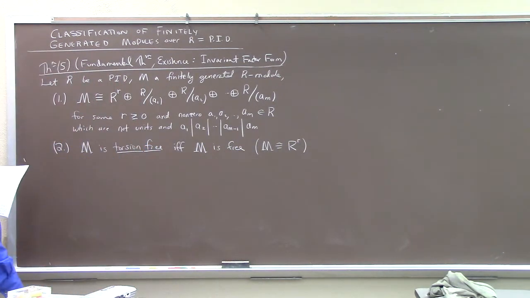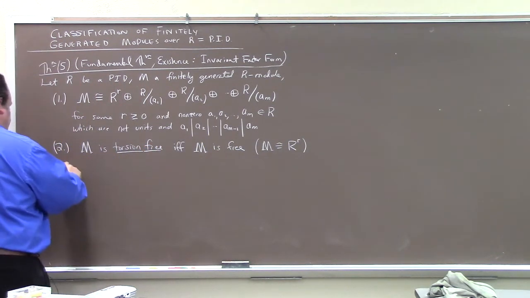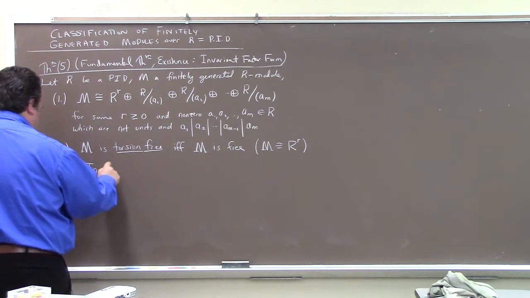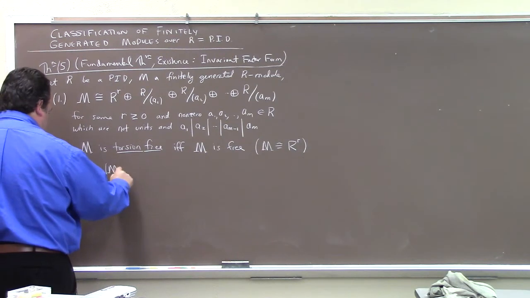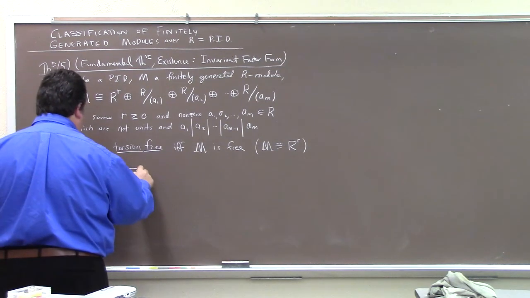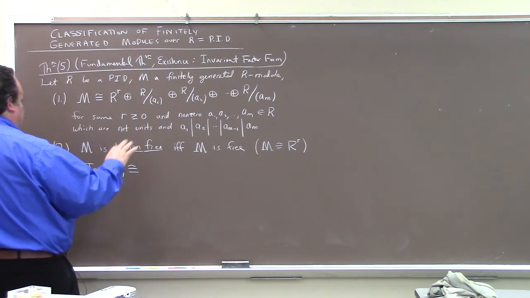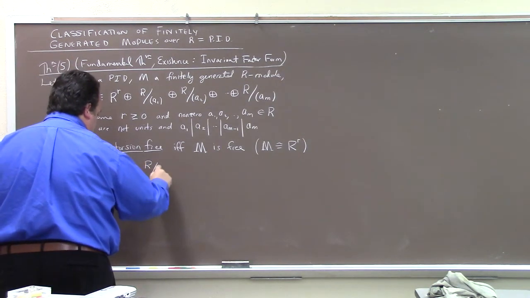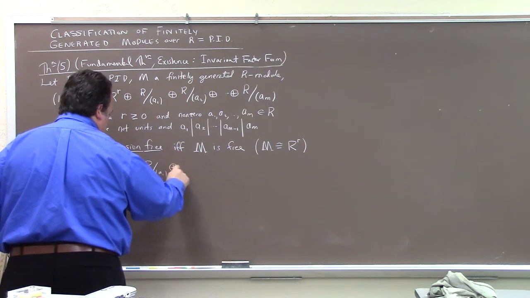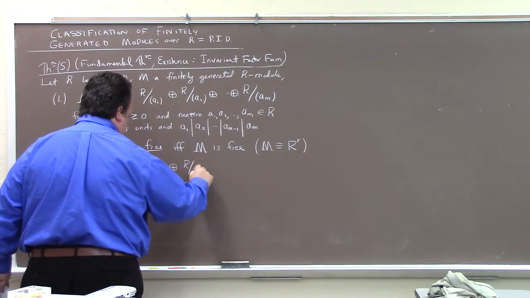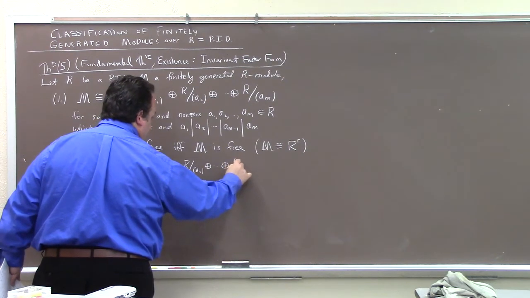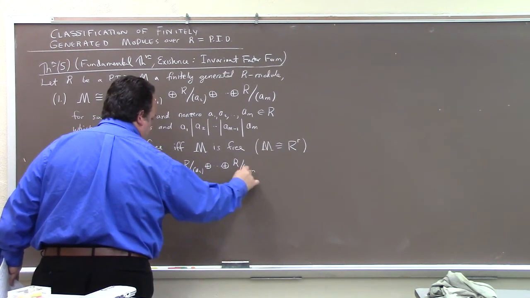Okay. And three, what is the torsion of M? Well, Tor of M is isomorphic to the piece that's not the R^r term, right? So the R mod a1, direct sum R mod a2, like that.